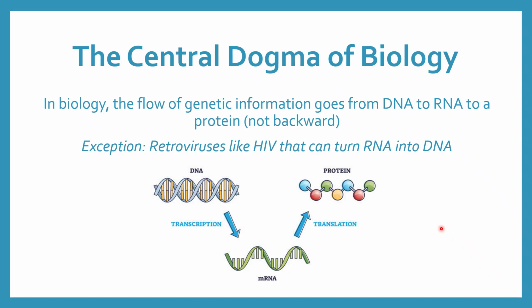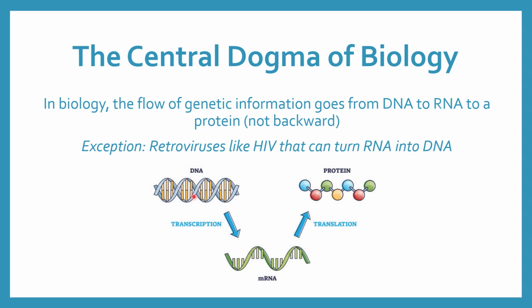Now, all of this brings us to our central dogma. This is basically the core tenet of biology that says the flow of genetic information goes from DNA to RNA to a protein. This does not happen backwards. So we can't take a protein and turn it into DNA.